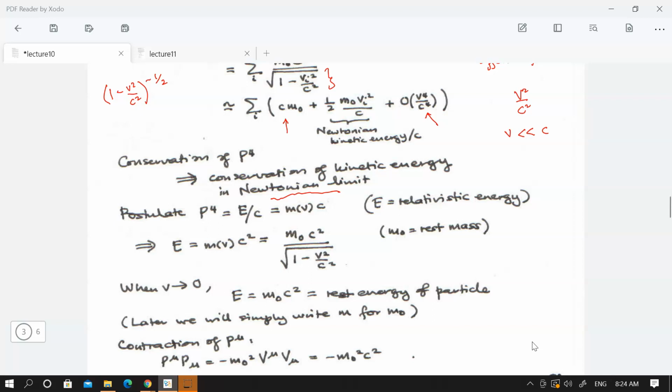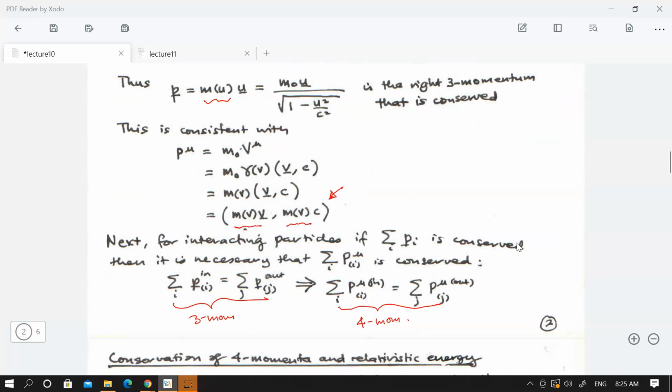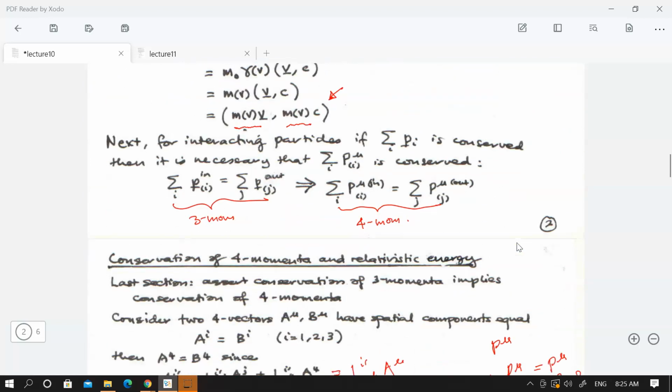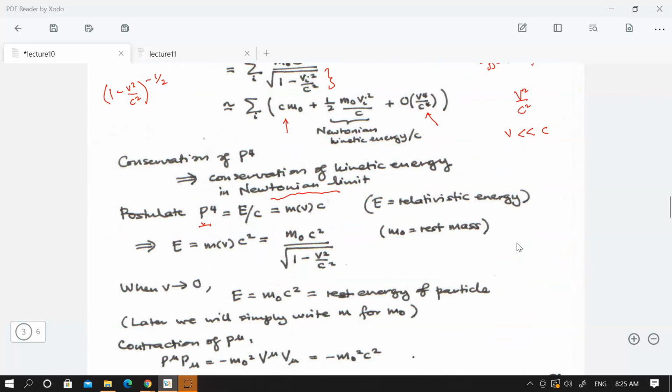So we posit this idea of relativistic energy, which is given in terms of the velocity dependent mass times c, from your earlier definition. Remember, you have this fourth component here, and once you do that, one can rearrange this equation.